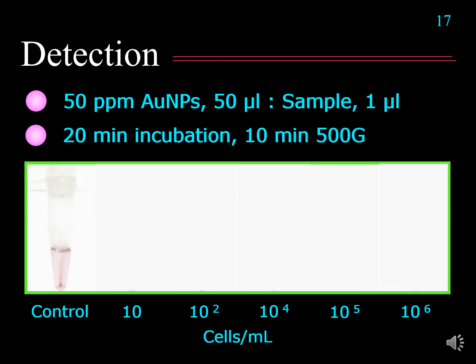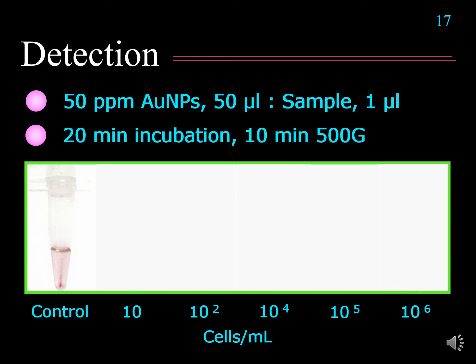What I show you here is we're starting from 50 ppm of the gold nanoparticles. The gold nanoparticle is not very expensive because we can use it at a very low concentration, like 50 ppm for 50 microliters.